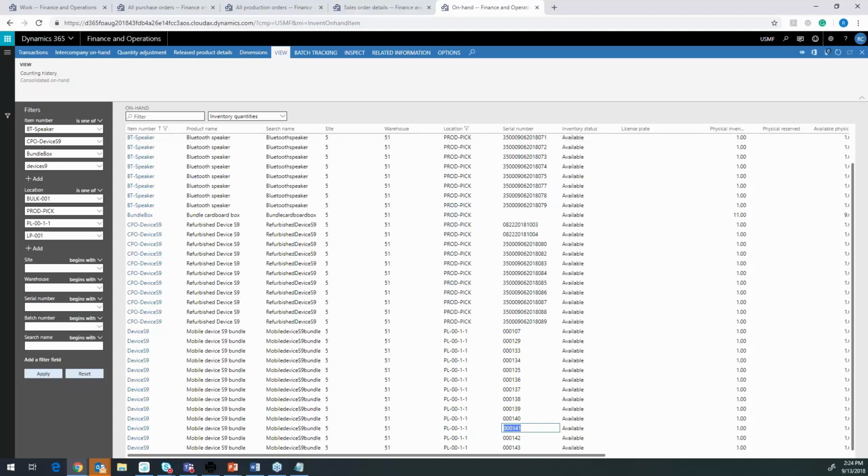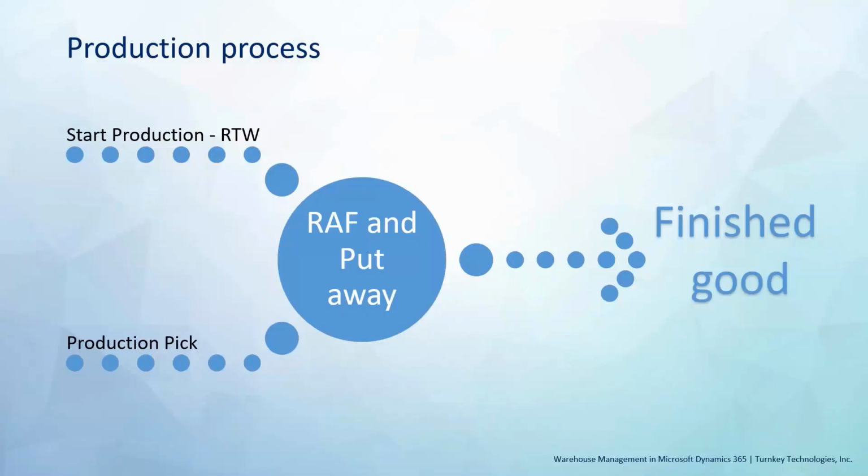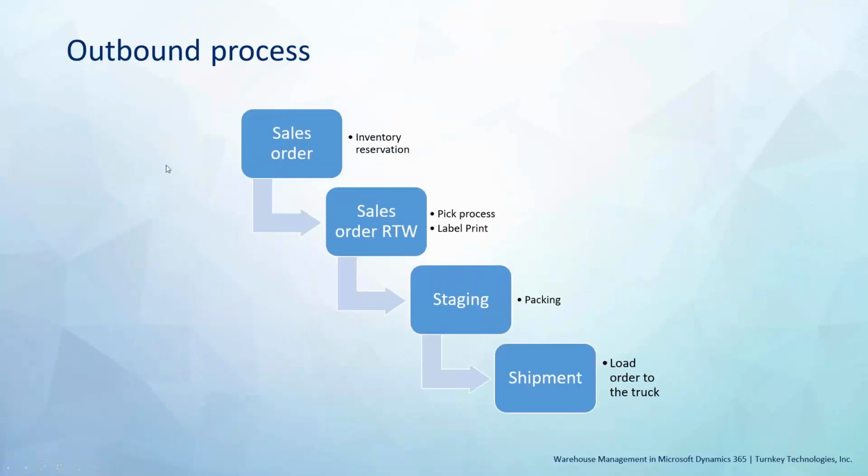Now let's see the outbound process. With the outbound process, we have a sales order that is placed by our customer. This order reserves inventory. After the reservation, we can create the sales order release to the warehouse, which is the creation of the work ID, which is going to dictate to the user where they have to go to grab this inventory from.